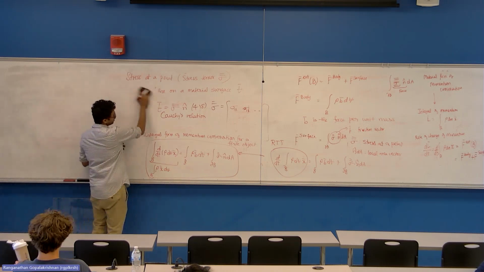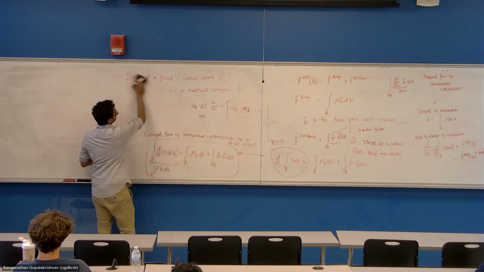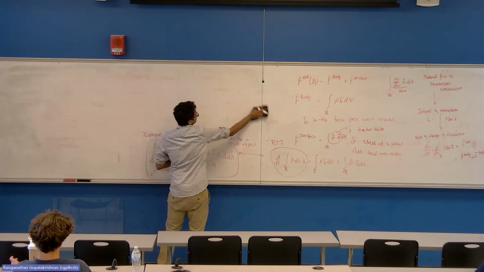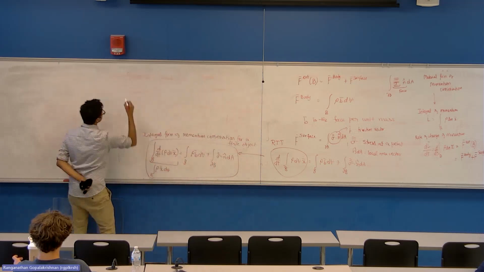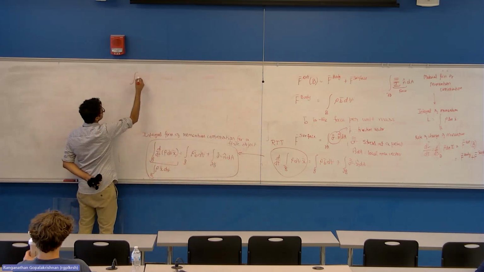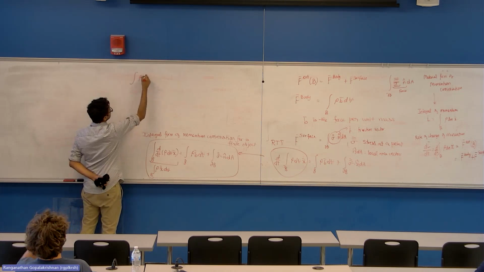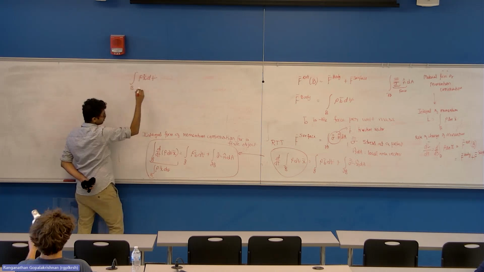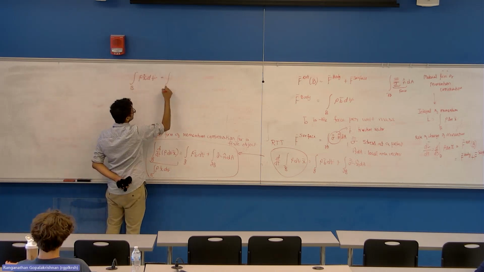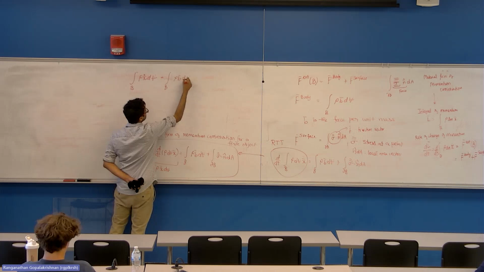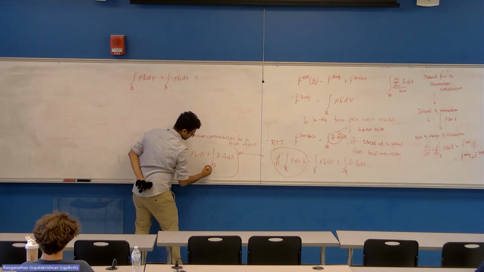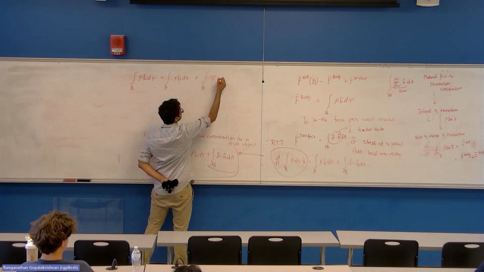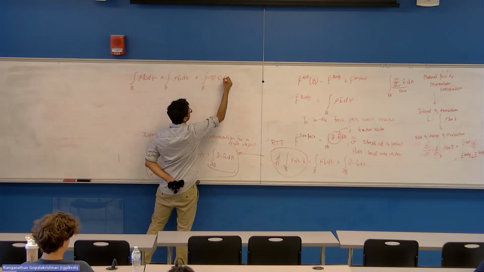Now, this is the material form, and we would still want to derive the local form, right? That is the spatial form. So we'll start here. The integral of rho x double dot dv over the volume is equal to the integral over the volume of rho b dv plus this term here, the integral of the divergence of sigma dv.